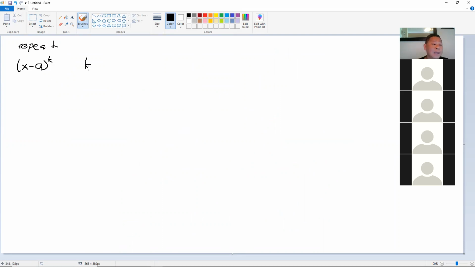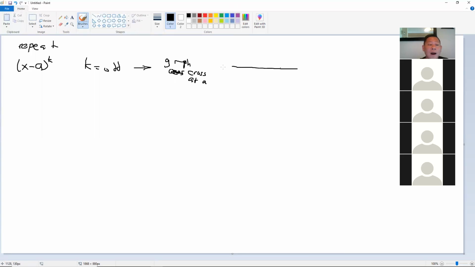If your k in this case is odd, like the power 1 that we have, then when you do your graph, it will cross at a.